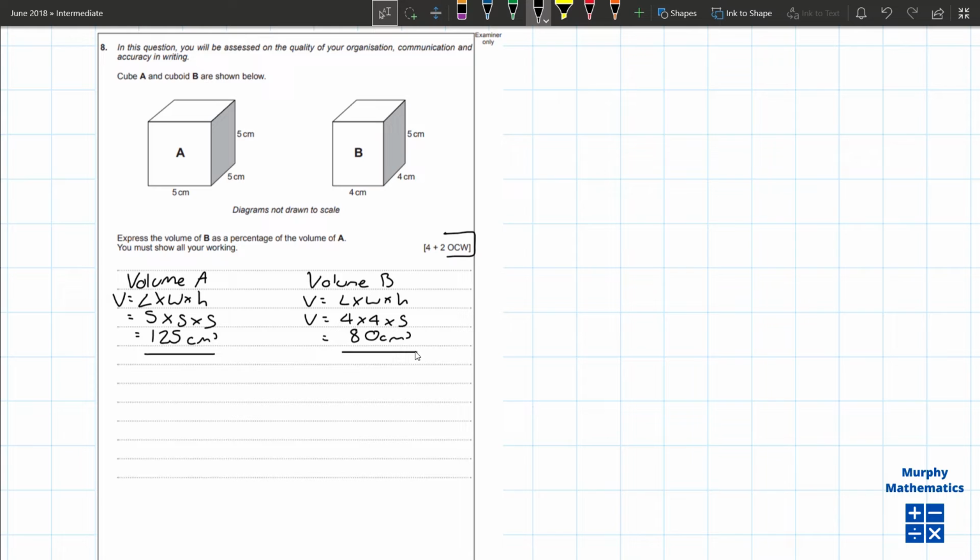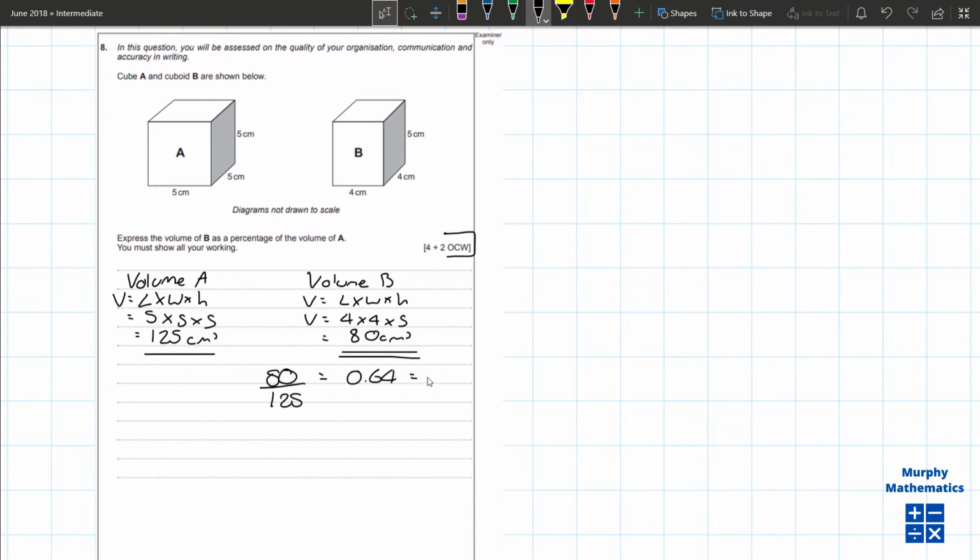Okay, so we have 125 and 80. So we need to find the percentage. Express the volume of B as a percentage of volume A. So we know volume B is going to be less than volume A, so we're going to have less than 100%. So we can do 80 divided by 125, which gives us 0.64.